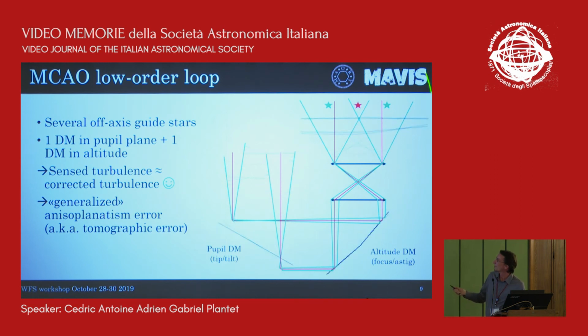But when you have several guide stars, you can have a tomography of the turbulence and correct a bit better your turbulence on axis, or in whatever direction you want to correct. So in the end, your sensed turbulence is approximately the turbulence you want to correct. So here you have a generalized anisoplanatism error, also known as the tomographic error.